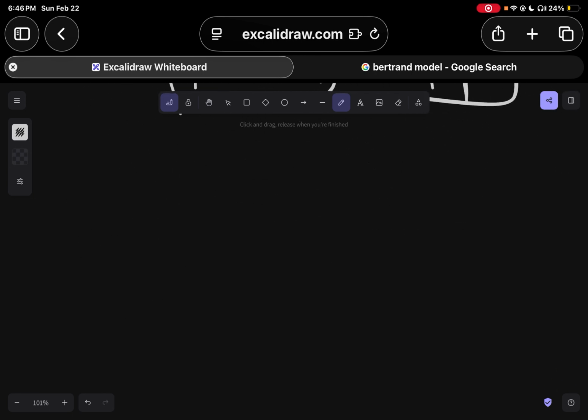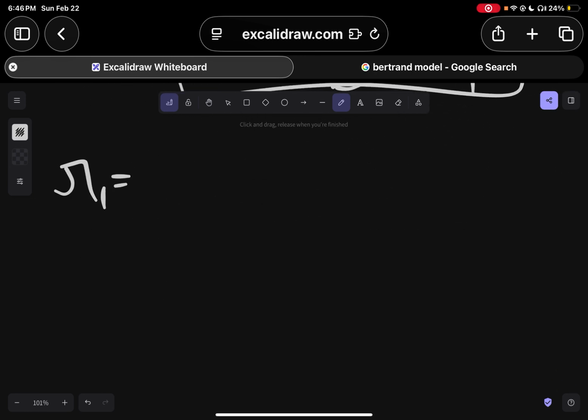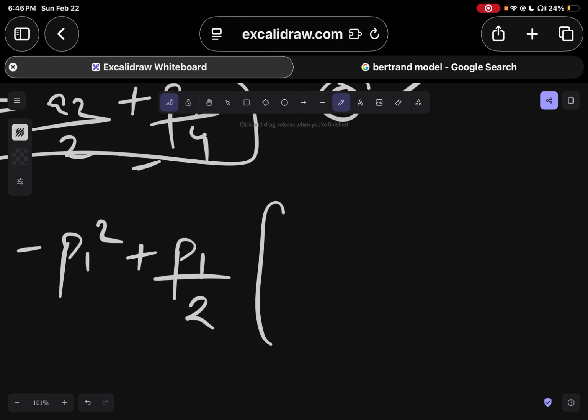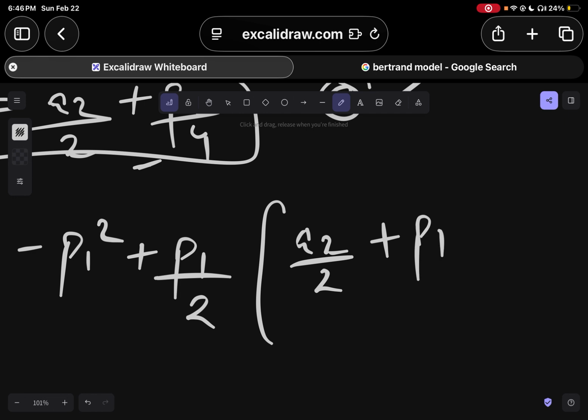So now it will be pi 1 equals A1 P1 minus P1 square plus P1 upon 2, and the rest would be A2 upon 2 plus P1 upon 4.